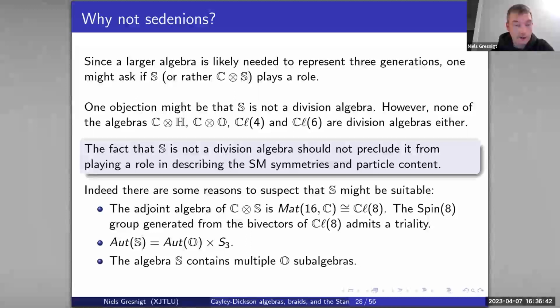And finally, as I'll show in a minute, the algebra of Sedenions contains a number of octonion subalgebras, just like the octonions contain a number of quaternion subalgebras. So I thought, if we want to represent 3 generations, could we in some systematic way find 3 octonion subalgebras within the Sedenions, and then use those 3 octonion subalgebras to represent 3 generations?